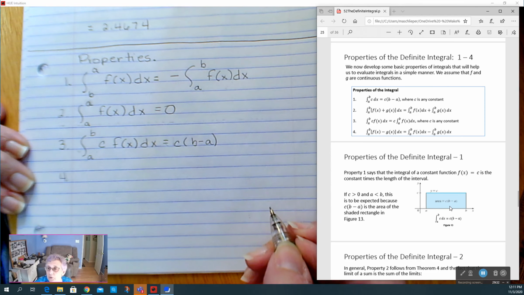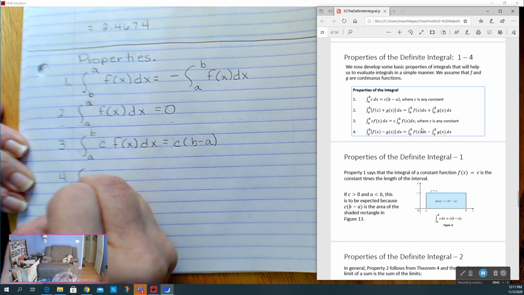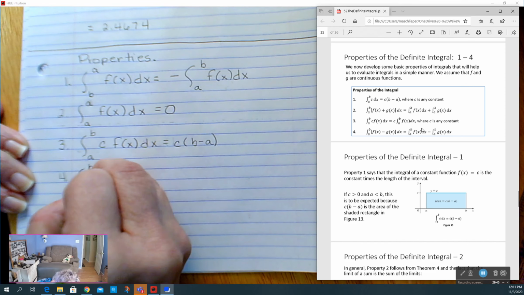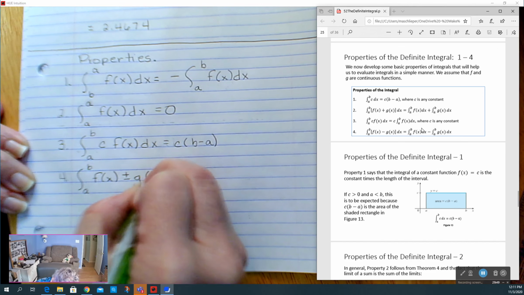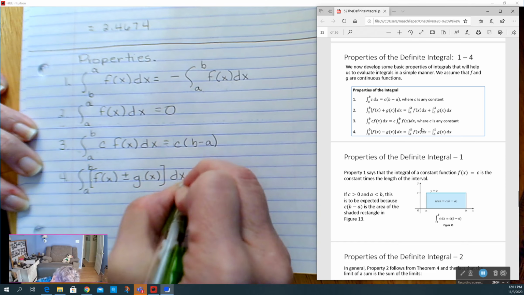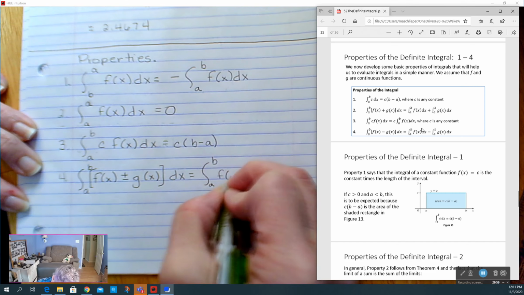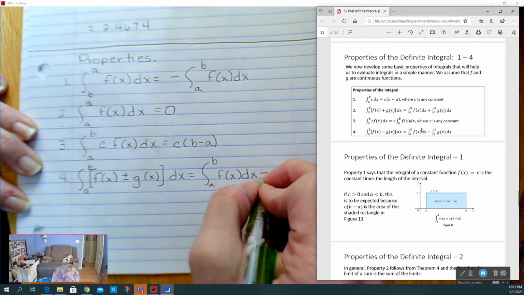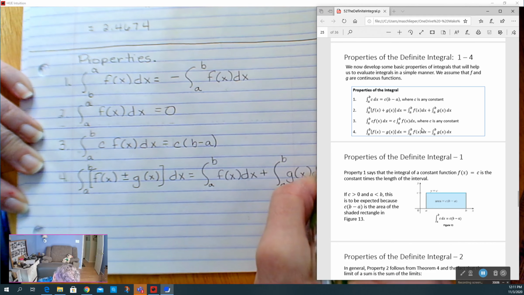Number 4, if we have a sum, and I'm going to combine number 2 and number 4 here, and say that the integral from a to b of f of x plus or minus g of x is equal to the integral separately, f of x plus or minus the integral of g of x.